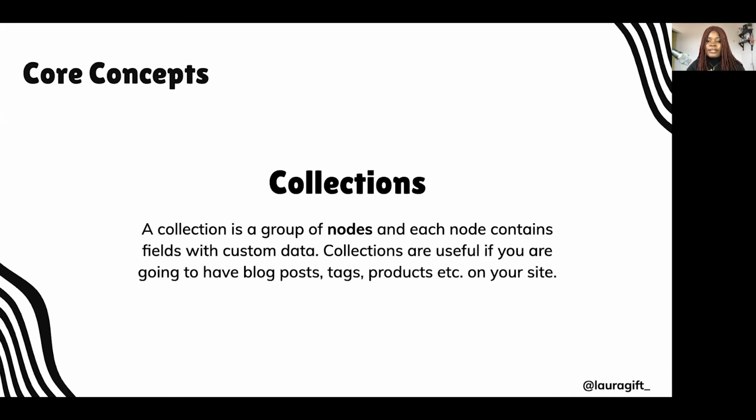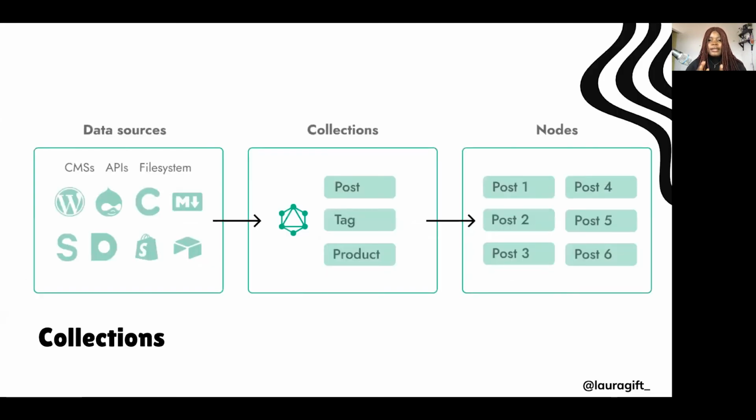Collections, on the other hand, are a group of nodes, and each node contains fields with custom data. Collections are useful if you're going to have blog posts, tags, or products on your website. Now, Gridsome has a centralized data layer, like I said earlier, and we can see collections as part of that data layer. You have different collections in the centralized data layer.